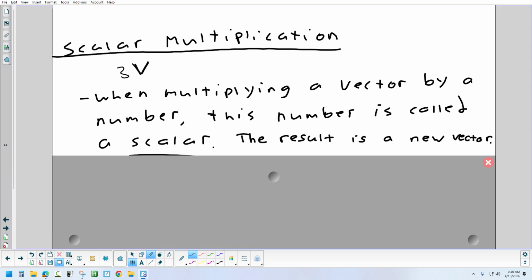The next one we're going to talk about on Wednesday is dot product, and the last one we'll do on Thursday is cross product. So if somebody just said to you, explain how you do multiplication when you're working with vectors, that's a very vague question, because there are three different ways to do it, so you have to know which way they're talking about.